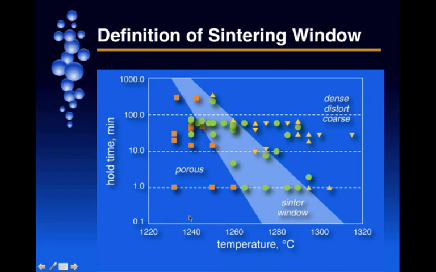So for instance, initially as you increase the temperature or you wait for long enough times, you transition from a low density porous material to a higher density material. If you wait for too long or you go to too high temperatures, you have grain growth.